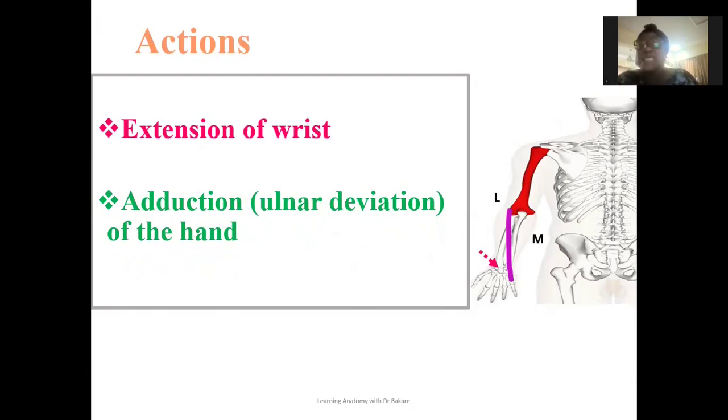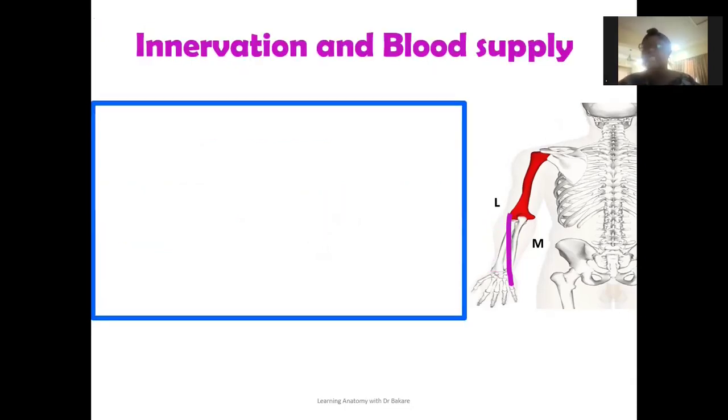Don't forget, when we started with this lecture, we said that the extensor carpi ulnaris runs along the alignment of the ulna, and because of this, it is positioned around the medial side of the posterior compartment of the forearm. And because of this, it draws the hand towards the body, which of course is referred to as adduction.